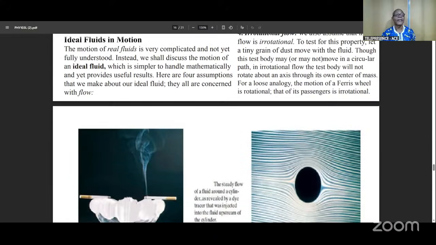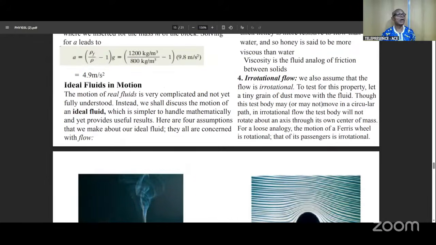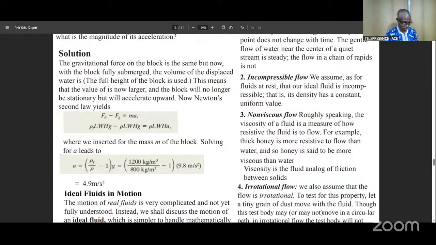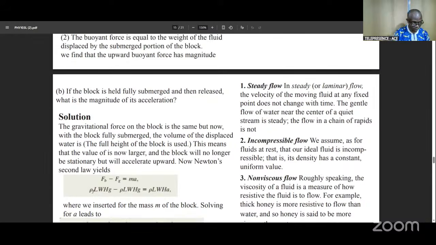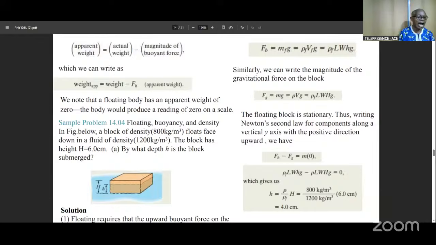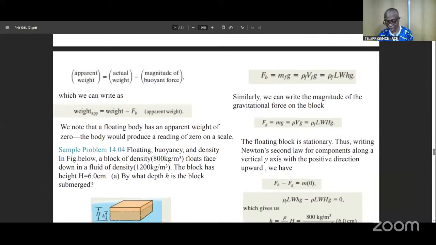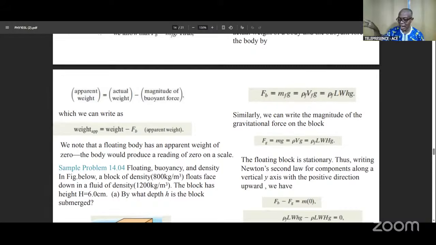And of course, today we were also able to talk about apparent weight being the actual weight minus the buoyant force. If I have a string and I attach a weight to it, with a spring balance by that string I'll be able to measure the weight of that object by reading what is there.